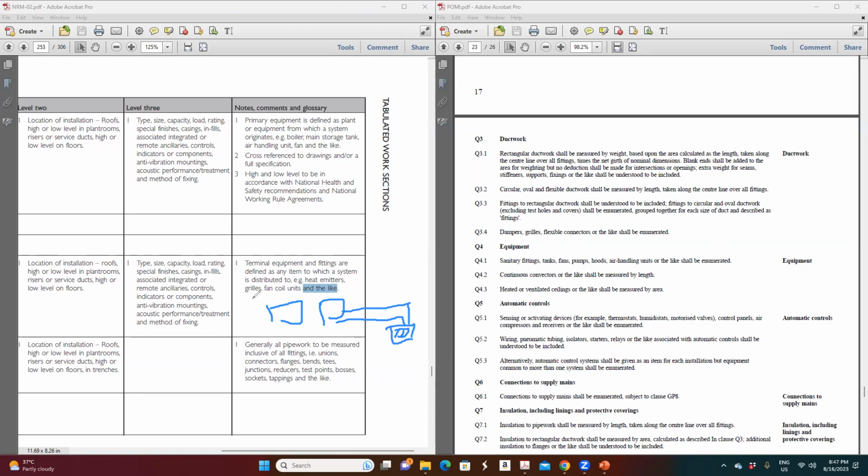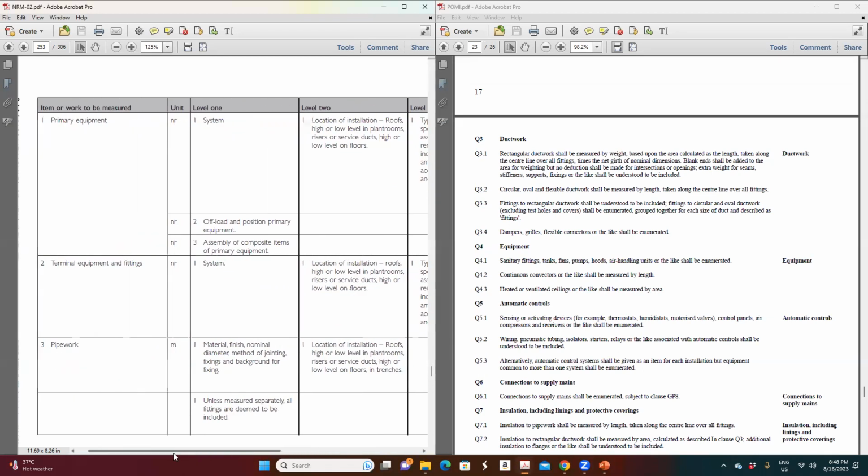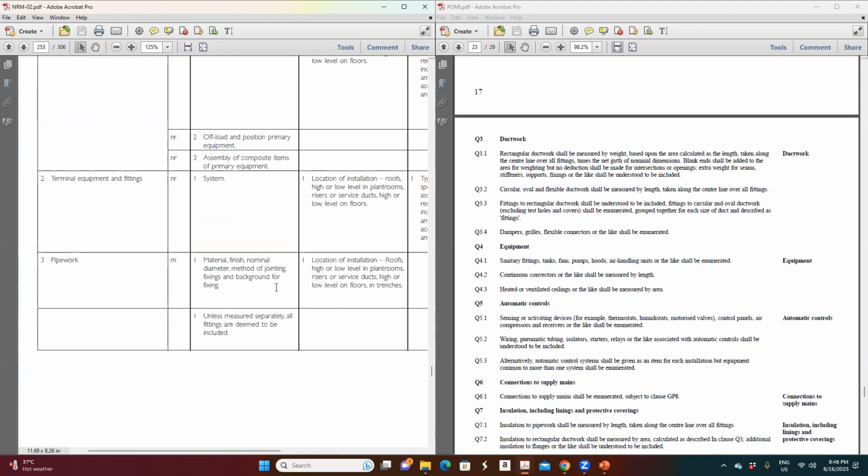Then the grills and fans, stuff like that, are the terminal equipment, not the primary equipments like AHUs, FCUs, chillers, pumps and tanks. These are small things like grills, diffusers, fan coil units, which come under the terminal units. The same concept you will see in electrical also. We'll see it in a minute.